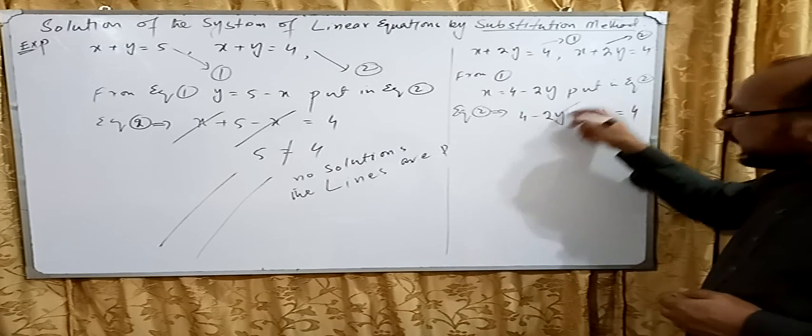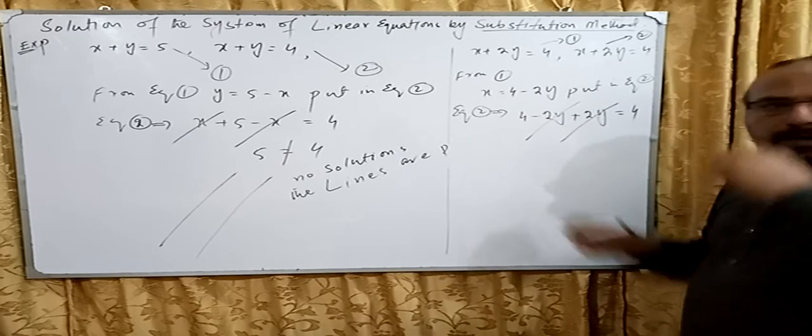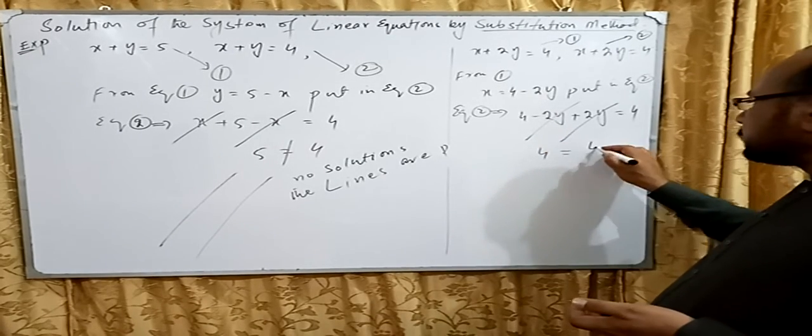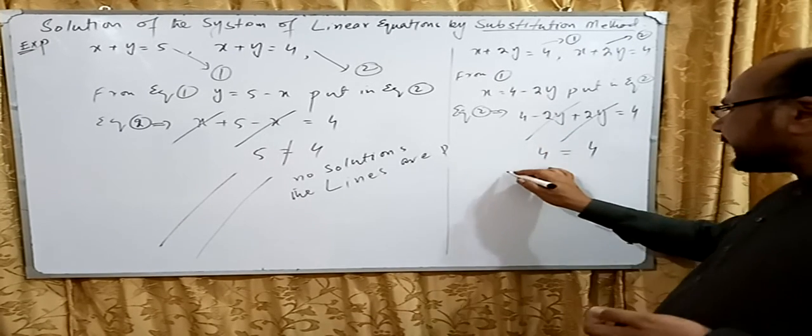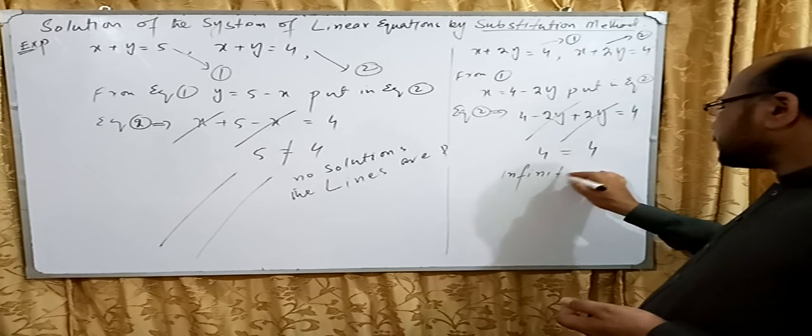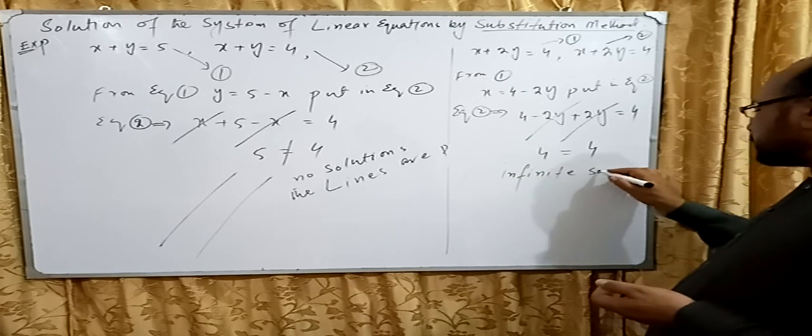Now if you see, minus 2y and plus 2y will cancel each other. What will remain? 4 equal to 4. So here we can write infinite solutions.